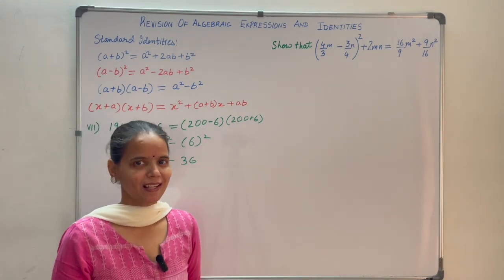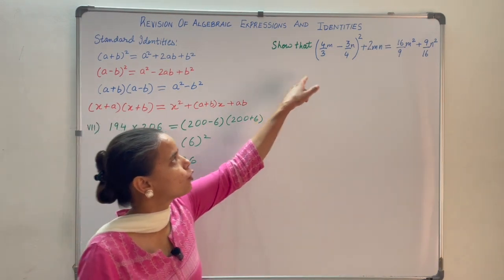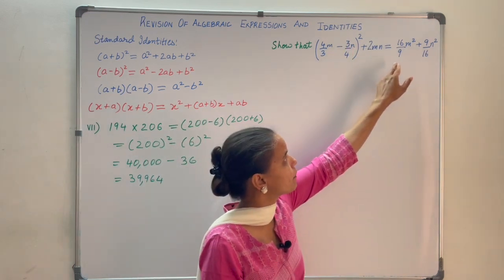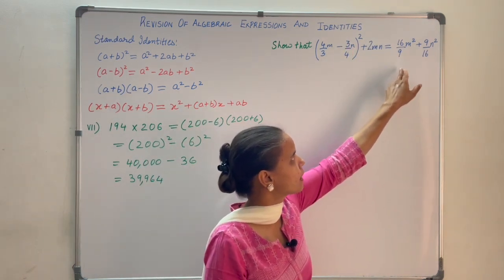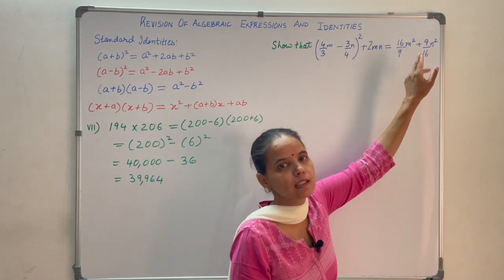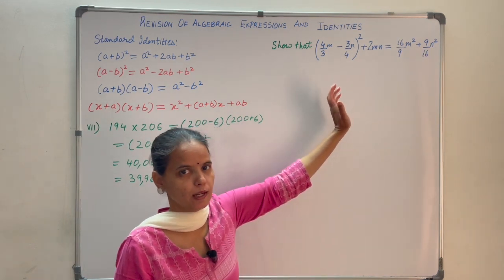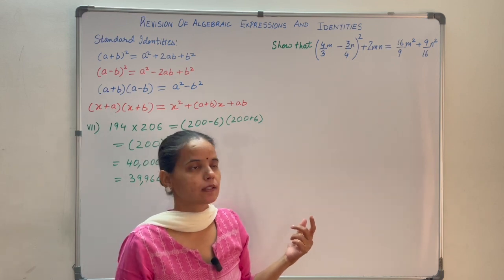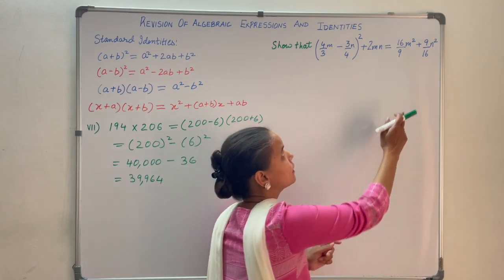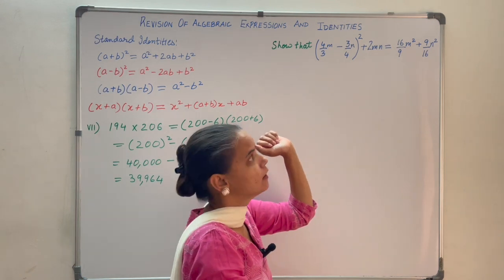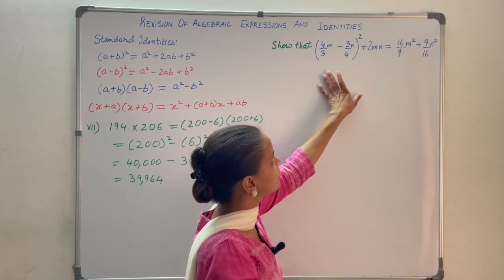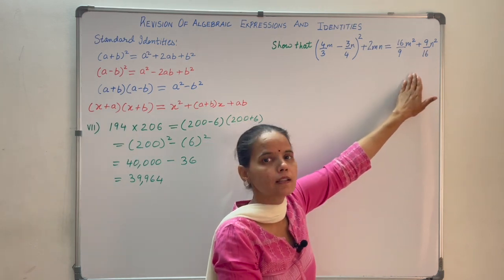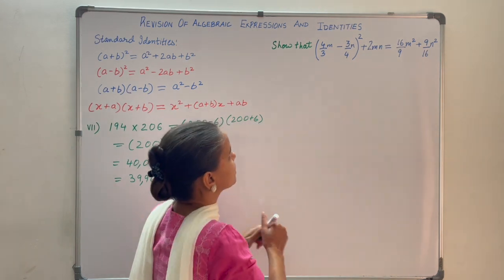Let us now take the next question. Show that (4 by 3m minus 3 by 4n) whole square plus 2mn is equal to 16 by 9 m square plus 9 by 16 n square. So you need to show that. Whenever they ask you to show that or verify that, you can start with either the right hand side or the left hand side. So here I am going to start with the left hand side because this can be easily simplified. So let me rewrite this.